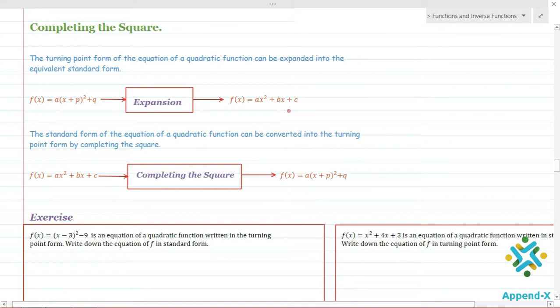If you have the standard form, you can complete the square to get the turning point form. Now we are going to do some exercises and show how you can do this.